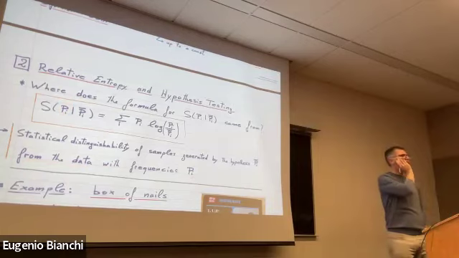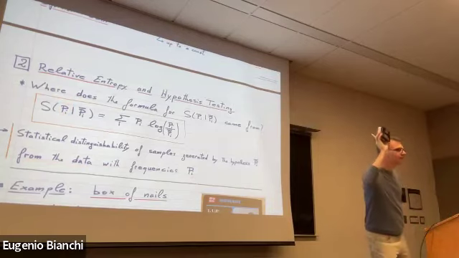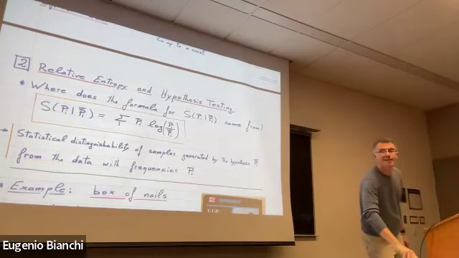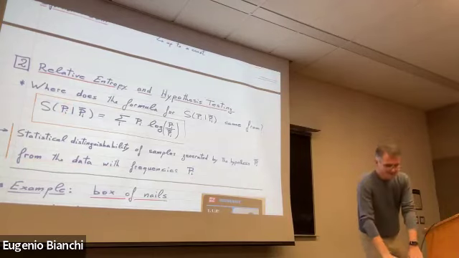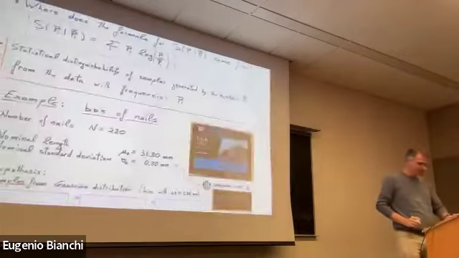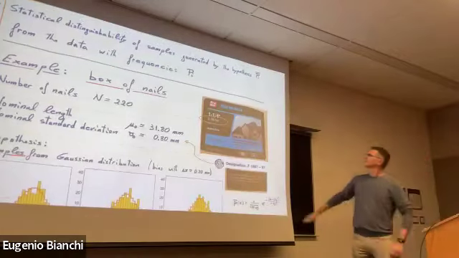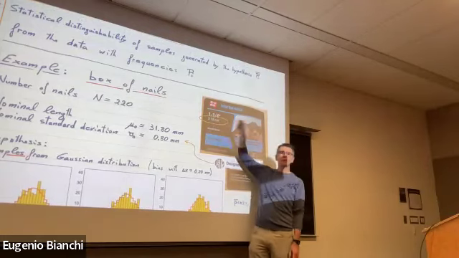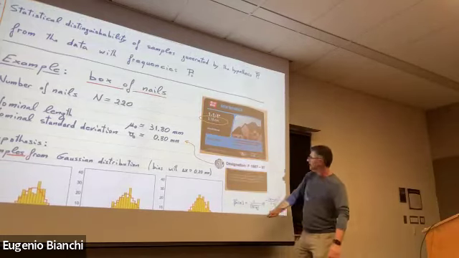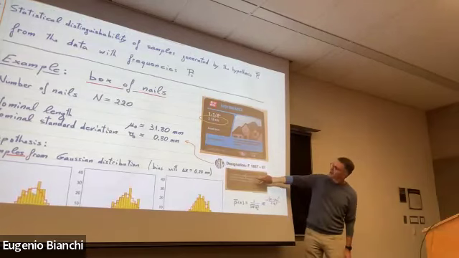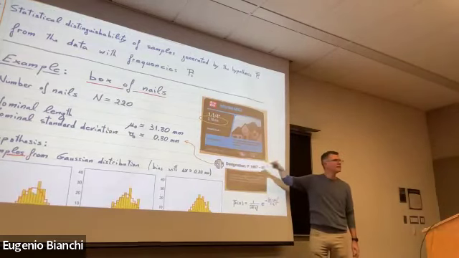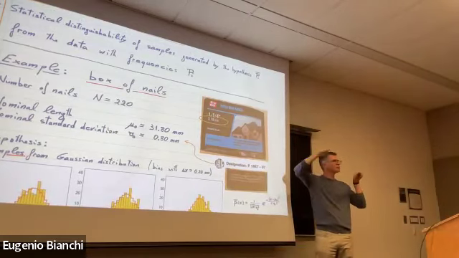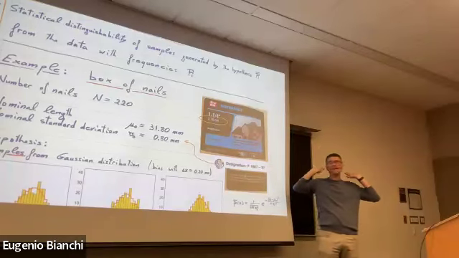I just want to convince you really that these things are concrete, they are useful. I brought a box of nails. You measure the nails. On the box of nails, you find the average, 31.80 millimeters. You find the standard, ASTM something, that tells you what is the standard deviation, what's the probability distribution they are certifying.